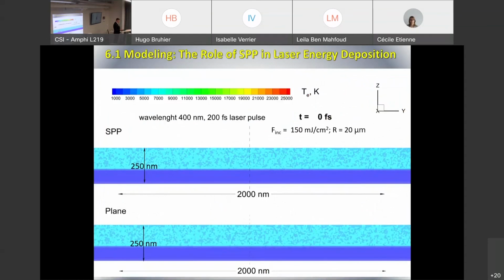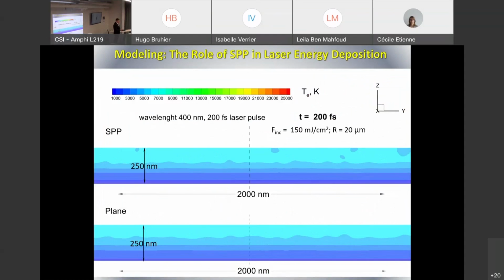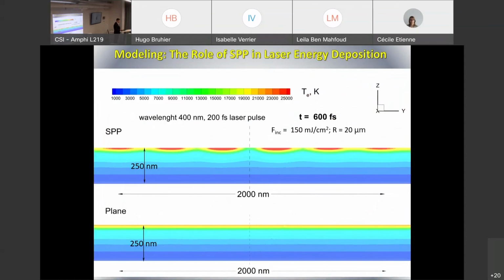So let's see how the energy is absorbed without surface plasmon polariton and with, without and with at top. During the pulse evolution, where the pulse is 200 femtoseconds, we can see that unlike the planar wave, inclusion of surface plasmon polariton results in the energy absorption redistribution.